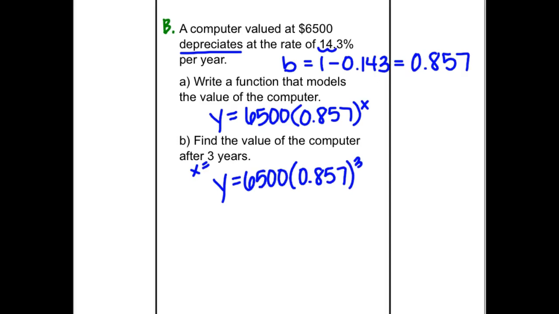We're not so much worried about what that is since we have to round it anyways. So we put that in, and then we take that right away times 6,500, and what do we get? $4,091.25. We get 0.248, and so we rounded it up to 25 cents. That's it. Showing you an example of increasing and an example of decreasing.